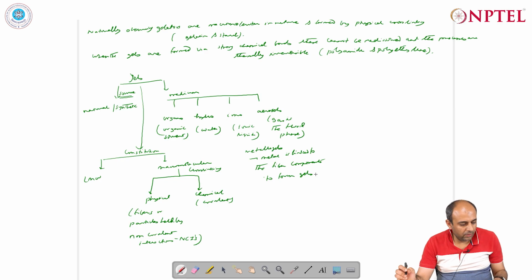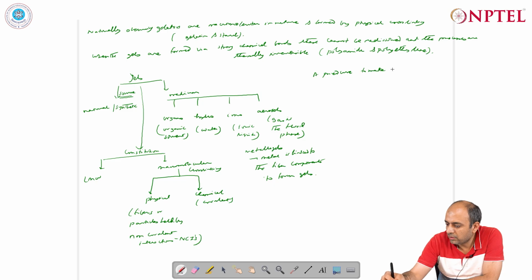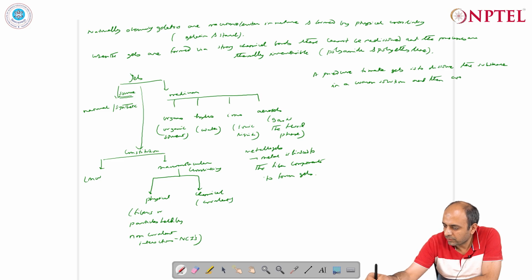And a very straightforward procedure to make the gel is to dissolve the substance in a warm solution of a suitable solvent and then cool below T gel, which is also referred to as the temperature at which the gel forms, the gelation temperature.